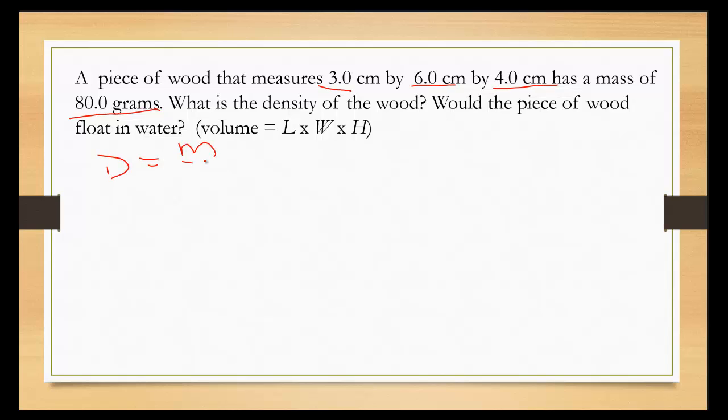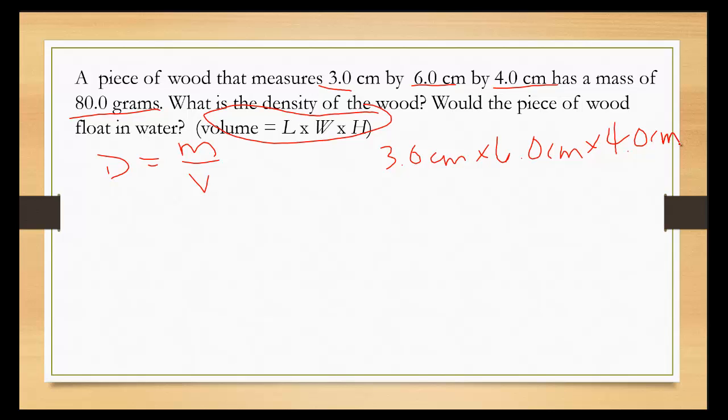So, before I do anything else, I have to figure out what the volume is, by doing length times width times height. So 3.0 times 6.0 times 4.0 all comes out to be 72. Centimeters, centimeters, centimeters means it's centimeters cubed.